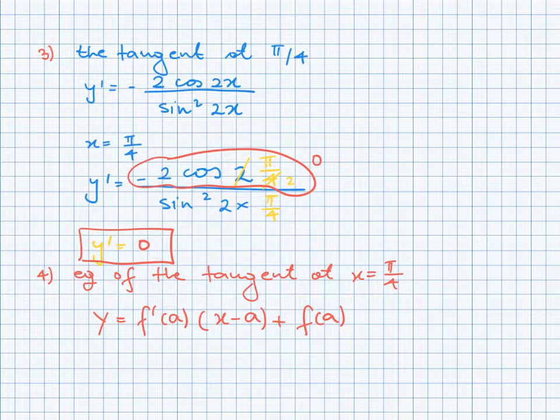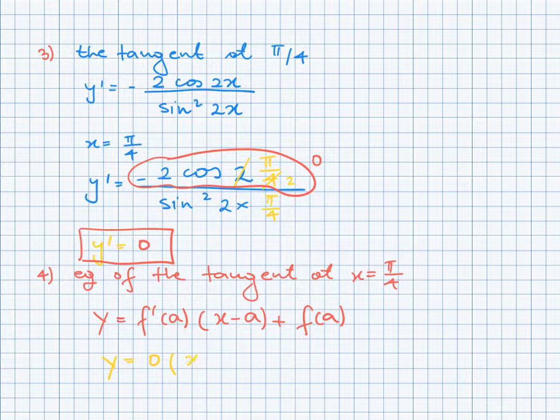So y equal to f dash at a, which is pretty much this part here. When x is equal to pi over 4, y dash is equal to 0. So it's going to be 0, and it simplifies nicely.